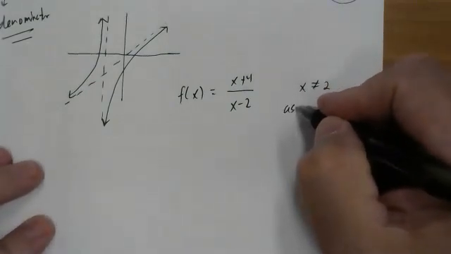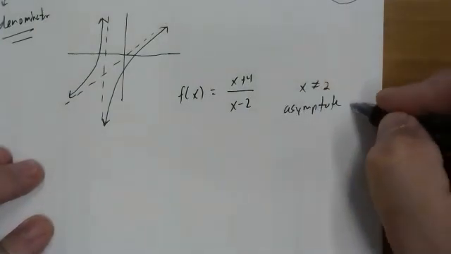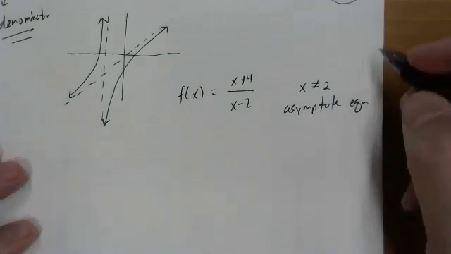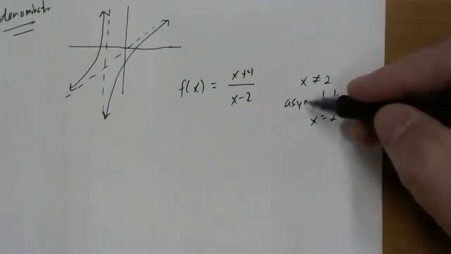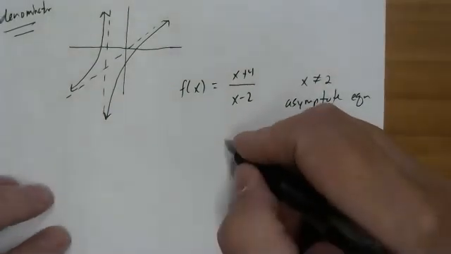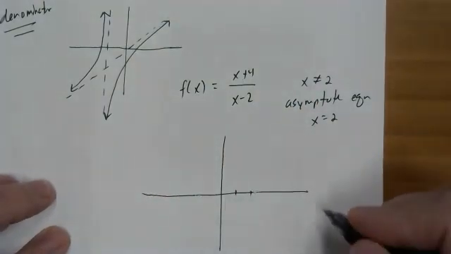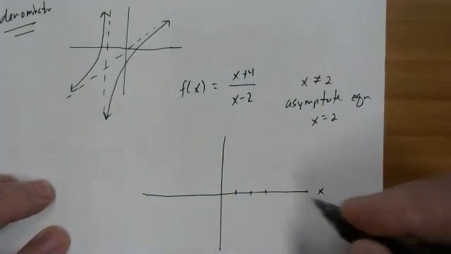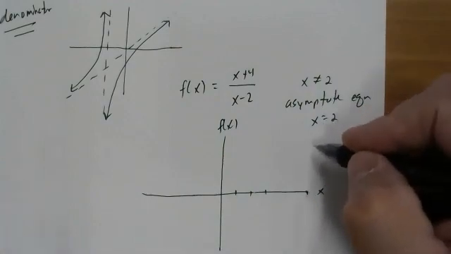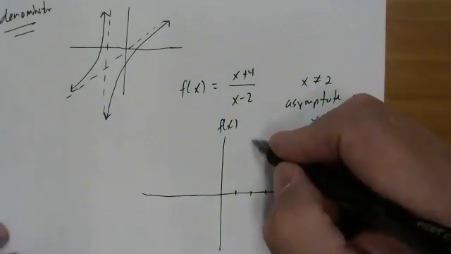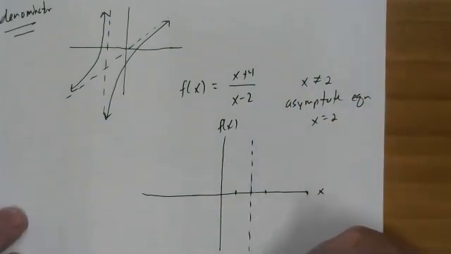What follows is, therefore, the equation for the asymptote. When we're going to draw it, what we're going to draw is the line x equals 2. So we say the asymptote is x equals 2, which really means if we were to start graphing it, x equals 2 is a vertical line, and you draw a dashed line, and there's the asymptote x equals 2.